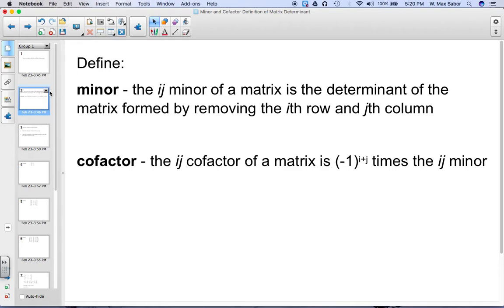There are multiple minors of a single matrix. The ijth minor of a matrix is the determinant of the matrix formed by removing the ith row and the jth column.